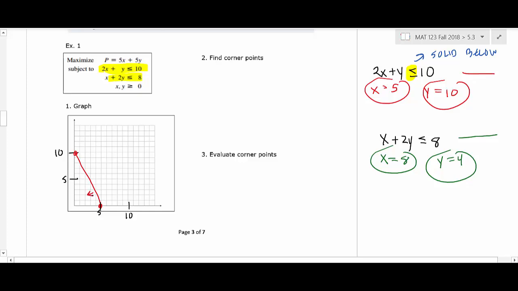The second line, I'll do a different color. Again it's solid, and it's less than, therefore it's below. Just put a dot on 8, put a dot on 4, connect the dots, and this one is going to be below.